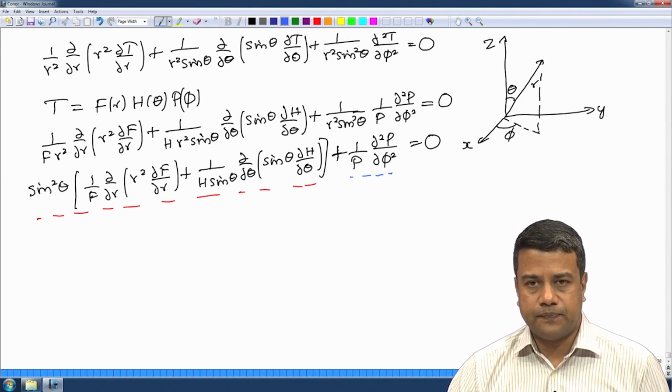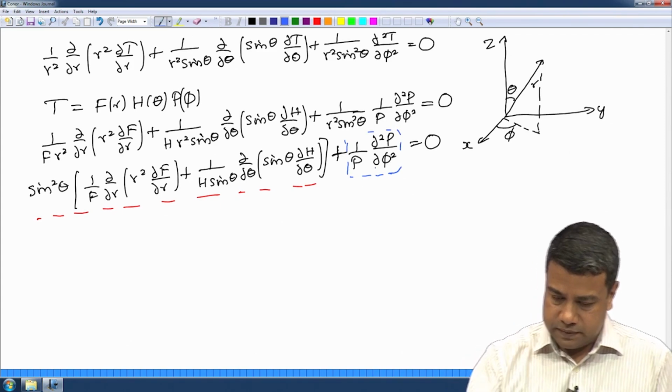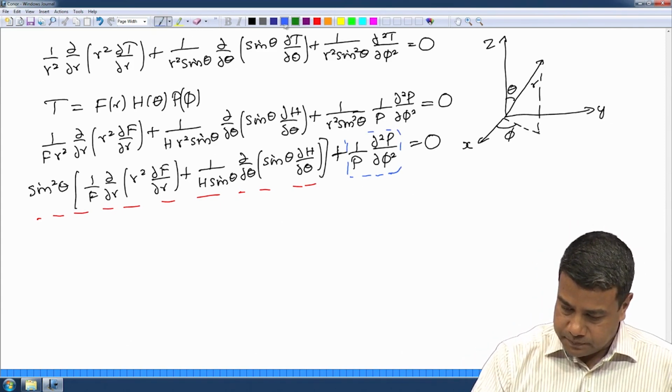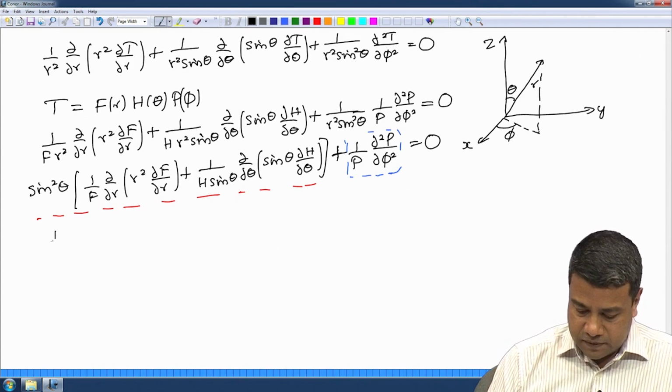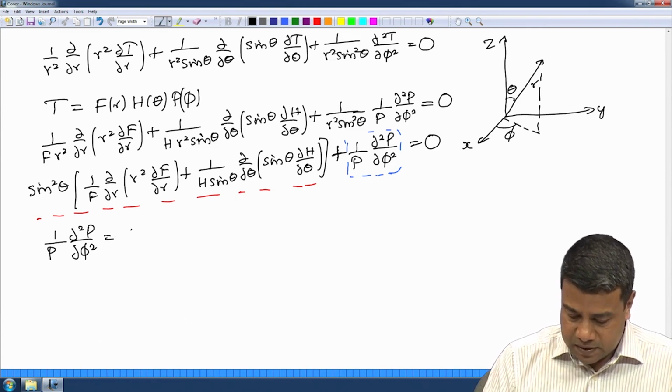So, take the phi dependence first. This equation is of the form 1 over p partial square p by partial phi square is equal to some constant alpha.